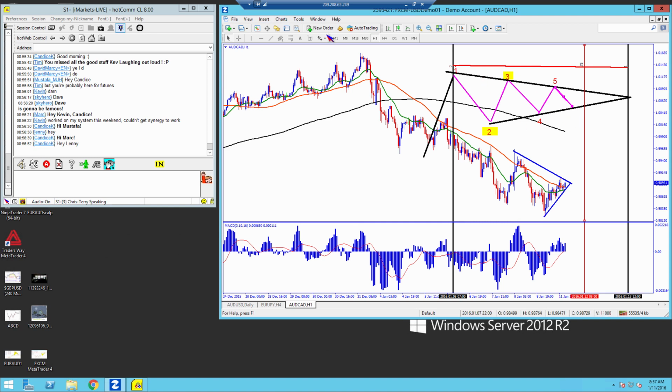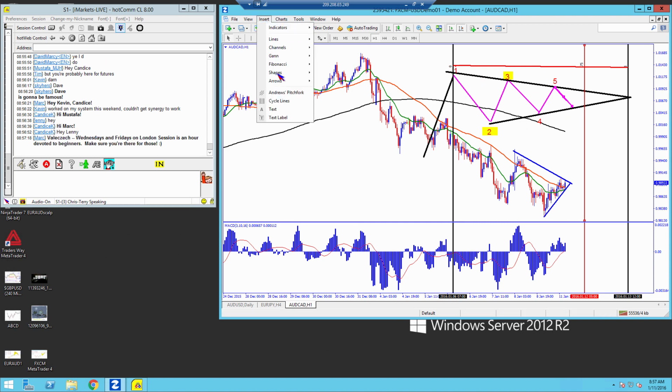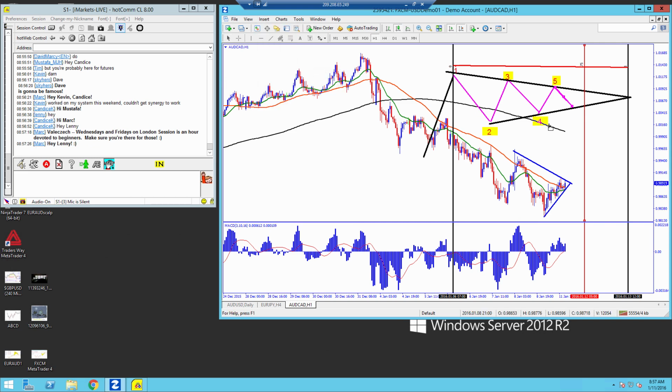So these data points are really the most important. And then you're looking at the zone where time has to come into play. Remember, there's always price and there's always time.